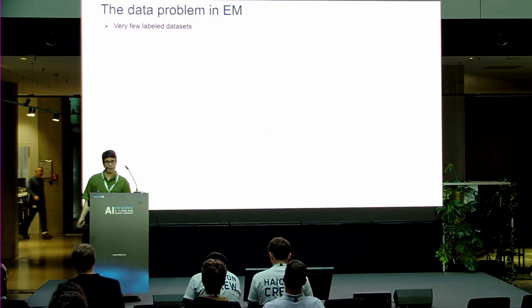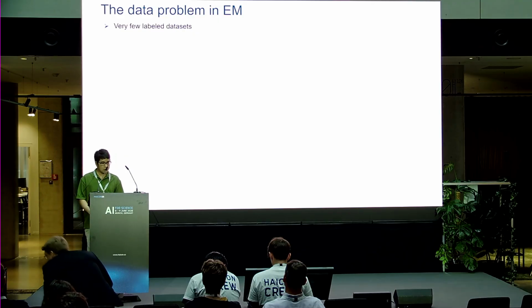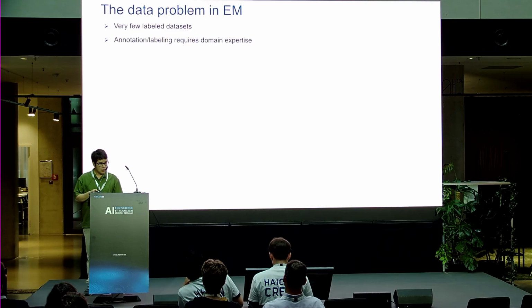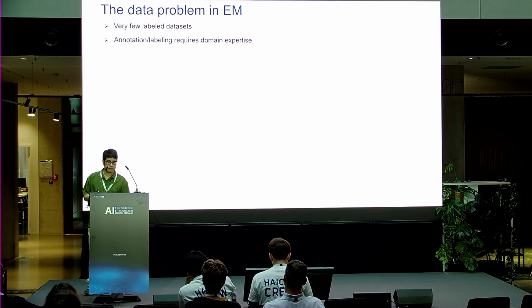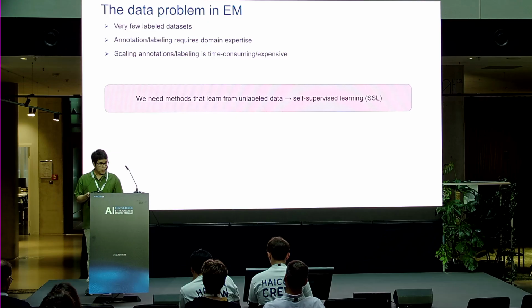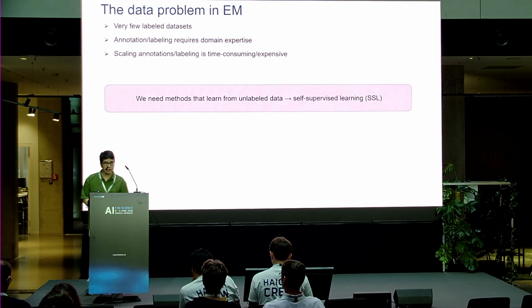But the problem is that we have very few labeled data sets in electron microscopy and also in other scientific imaging domains. And if you want to annotate them, you really need some domain expertise. And to scale, annotation is very time-consuming and expensive. And the solution is we need models that learn from unlabeled data, and this is where self-supervised learning comes into play.